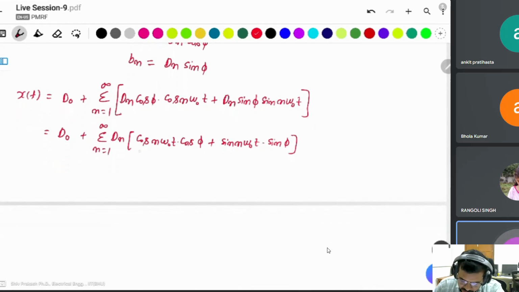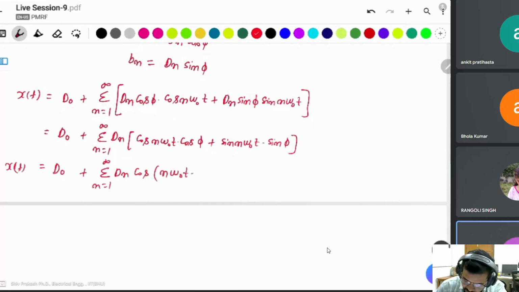You can see here cos A cos B plus sin A sin B means cos of A minus B. Then x of t will be represented as d naught plus summation of n equal to 1 to infinity dn cos of n omega naught t minus phi. This is the polar form representation of the Fourier series.